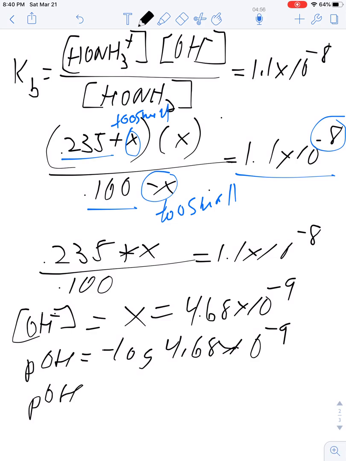So then my pOH is 8.32. And so my pH is 5.67.